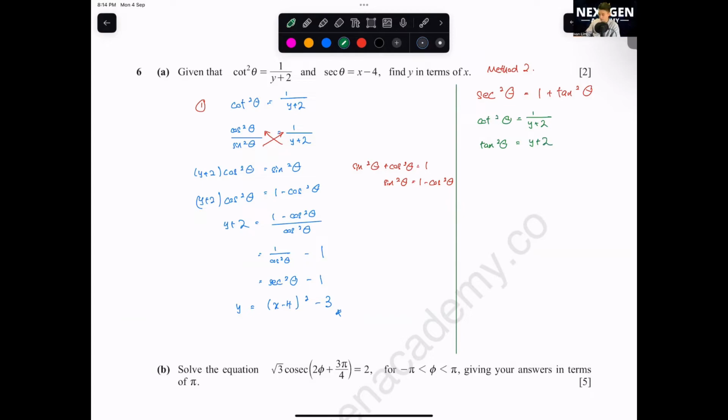Oh, yeah, actually much shorter. Okay, sorry, teacher gave you all too long already. Okay, y plus 2. So secant square theta will be x minus 4 square equals to 1 plus y plus 2. Okay, then this is 3 plus y. Therefore, y equals to x minus 4 square minus 3. Oh, you're genius.